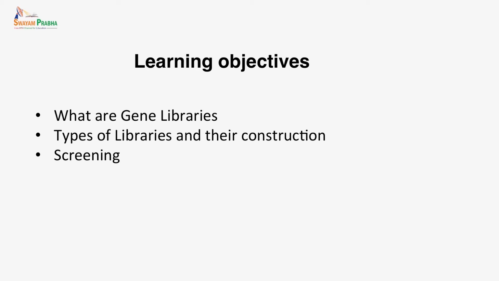We'll describe what exactly gene libraries are and what kind of questions researchers ask for which gene libraries are needed. We will also discuss the main types of gene libraries and how to construct them, and some very basic techniques for screening of these gene libraries.